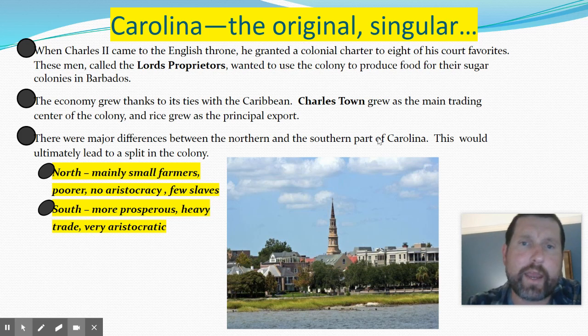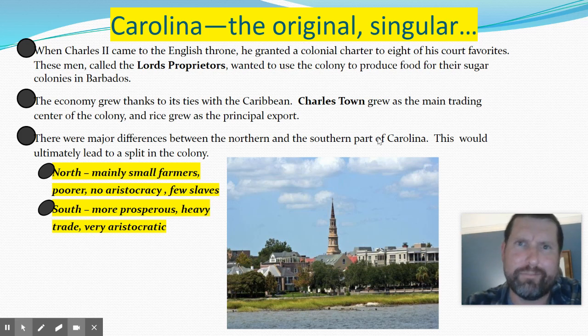As far as Carolina goes, all right, the original singular Carolina, a couple things to point out. There is a big difference in kind of who populates the Carolina region from the north to the south. In what eventually becomes South Carolina, where Charlestown is, or Charleston, it's very heavy on commerce, trade, very aristocratic.